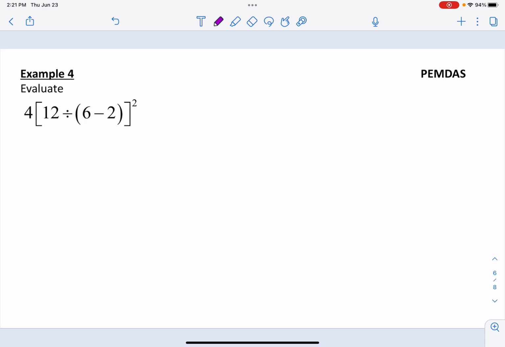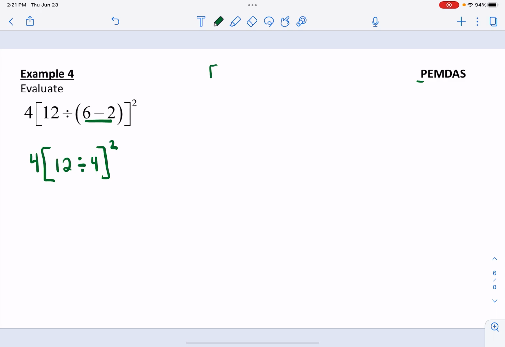Okay, this one's a fun one. So, first you want to do your parentheses. So you want to do the innermost layer of parentheses first. So I have 12 divided by 6 minus 2 is 4.